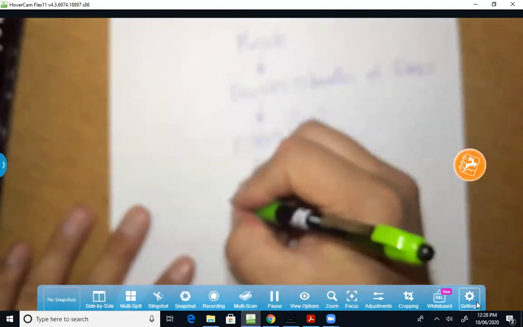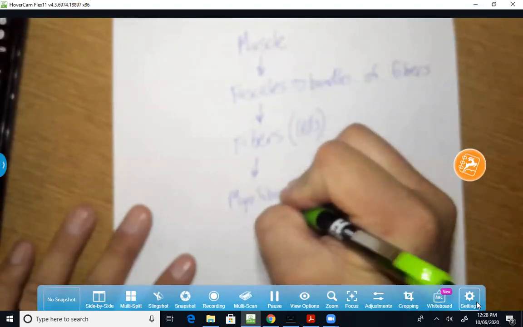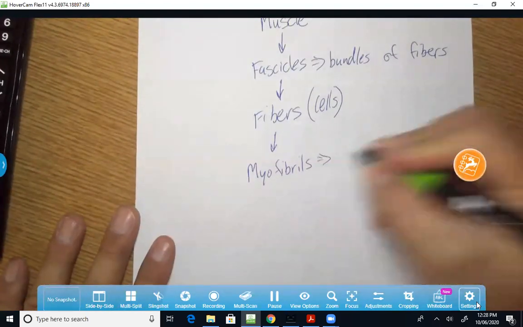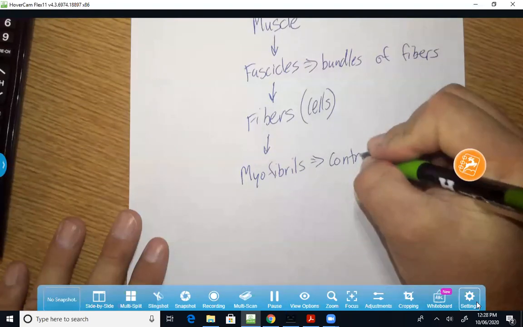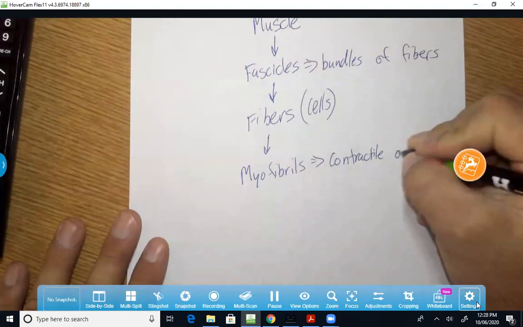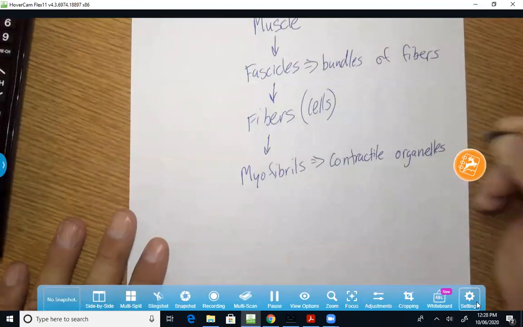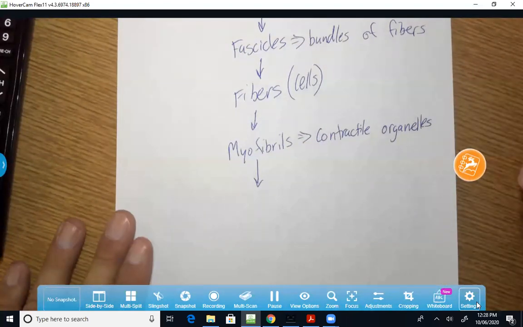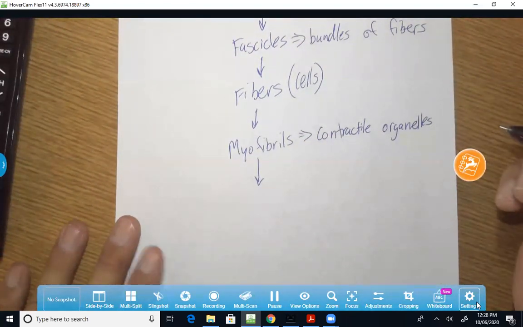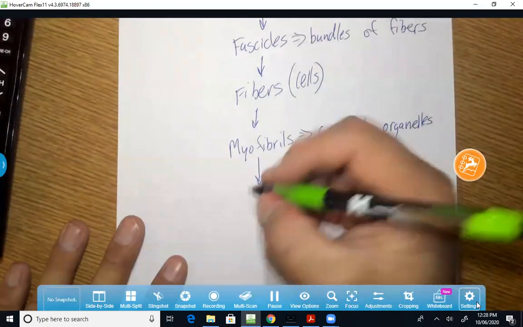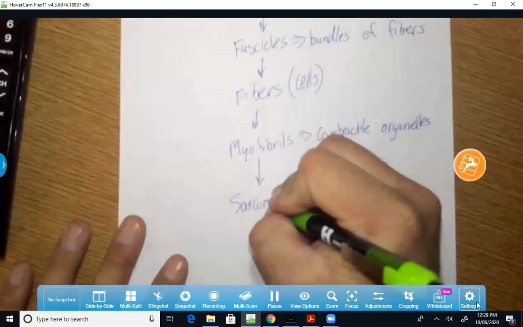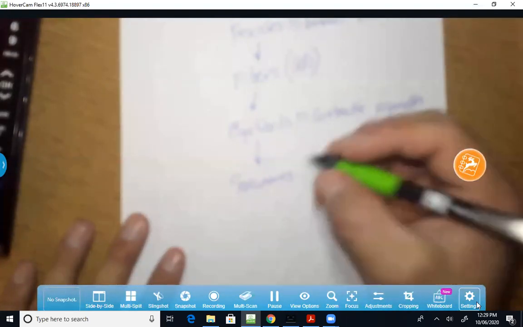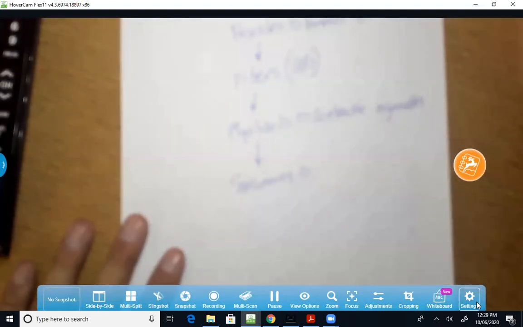And inside of those cells are these myofibrils that I was just talking about. I basically described them as contractile organelles inside our muscle fibers. Myofibrils are long and tubular, but are subdivided into segments called sarcomeres, which we'll talk more about on the next slide.